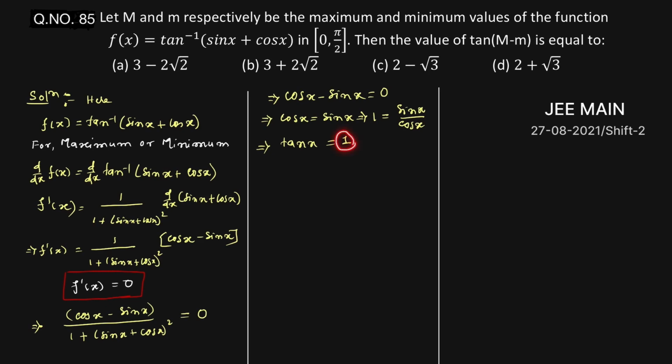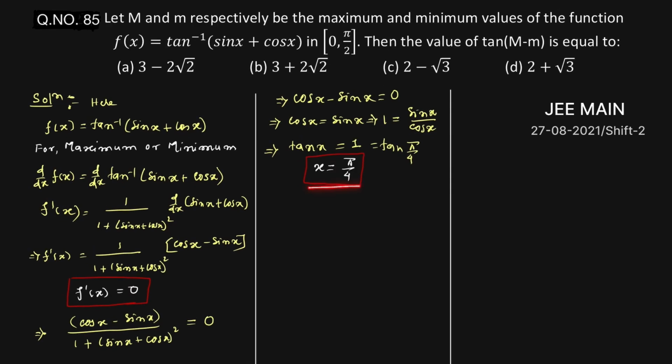So in the place of 1 we are able to write tan pi by 4. When we equate this, we will get x equal to pi by 4. So x equal to pi by 4 is our critical point.